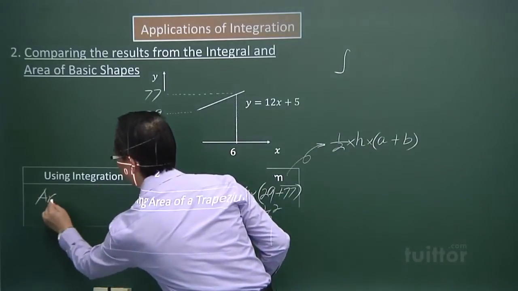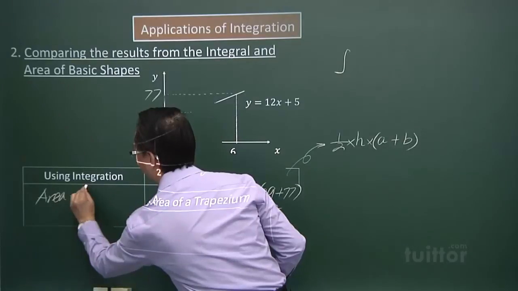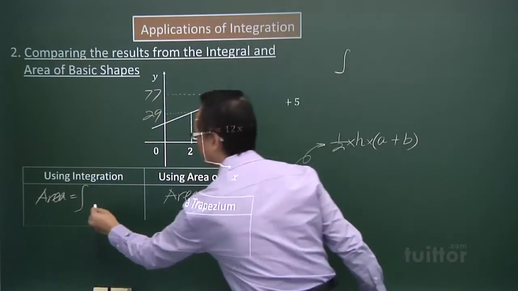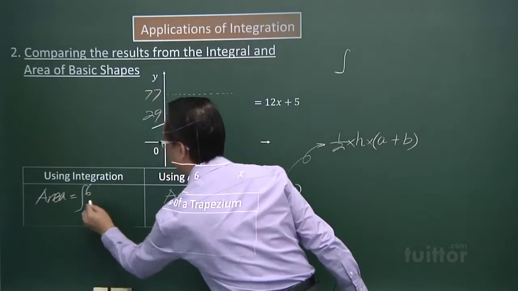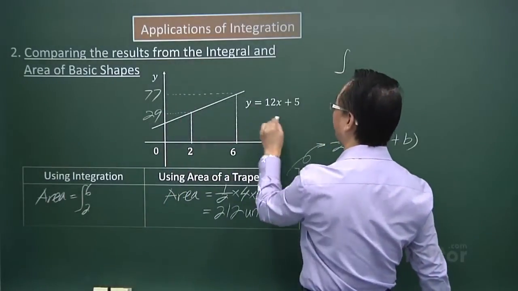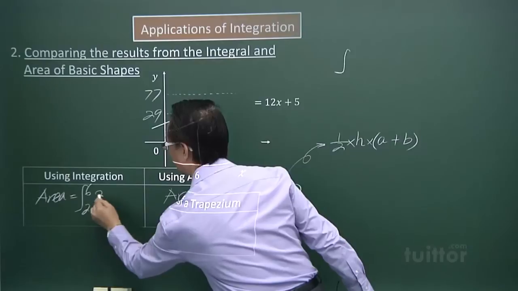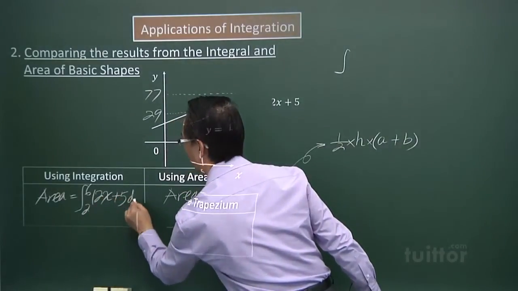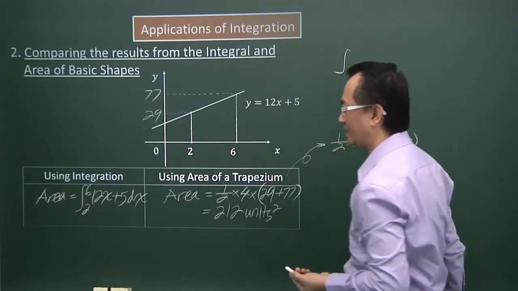The area would be the integration from 2 to 6 of this function, 12x plus 5 with respect to x.